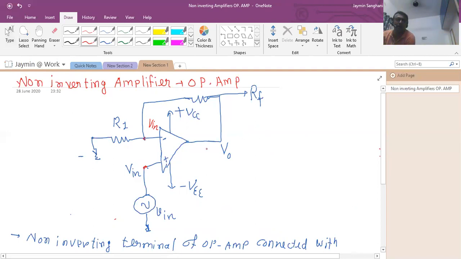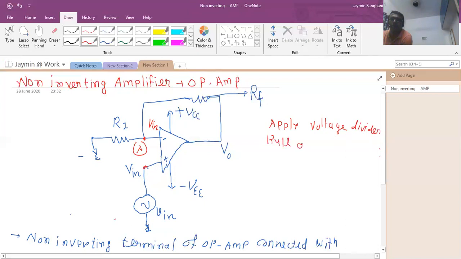So consider here a node. Apply voltage divider rule at a point.